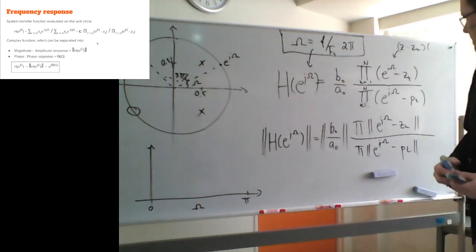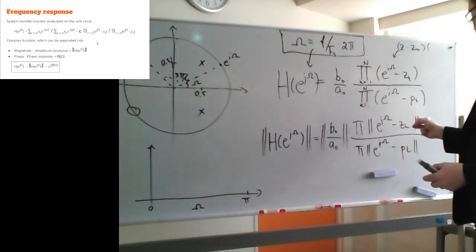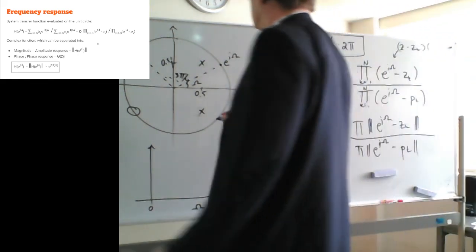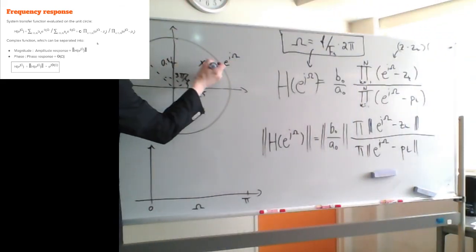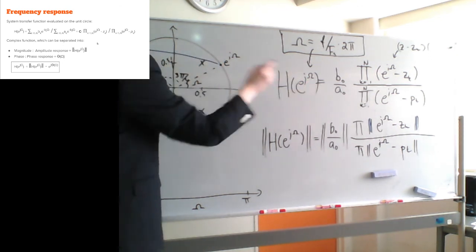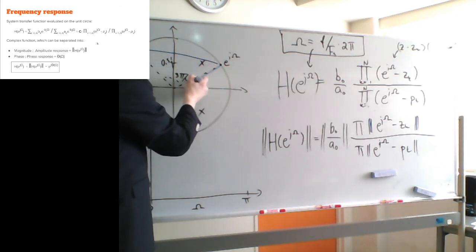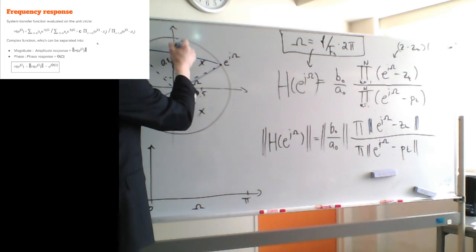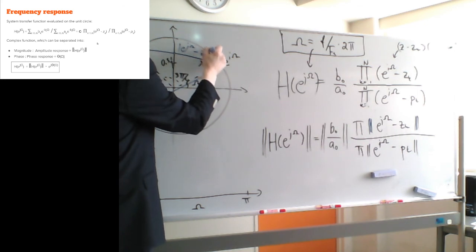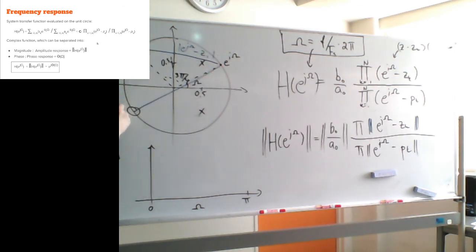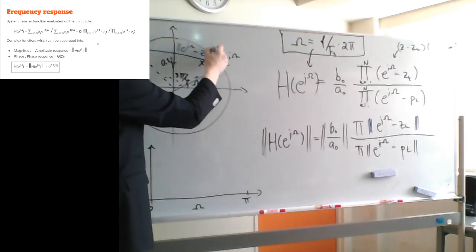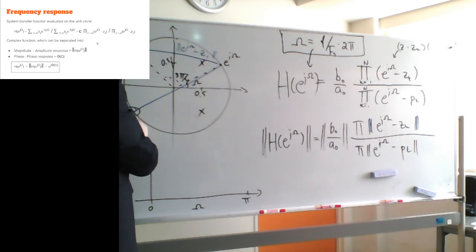Maybe I should mark it here, coloring it up. So we are talking about the distance of this point to here, and then we multiply with the distance of this point to here. This is e to the j omega minus z1, if this is z1 and this is z2. Same way, that's the distance of e to the j omega to z2.